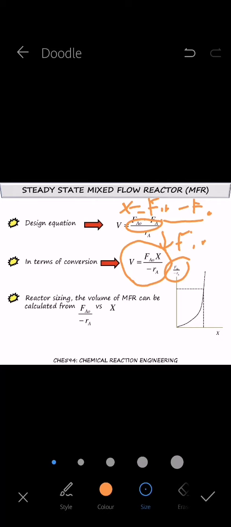So volume of CSTR kita boleh kira this square. Okay. So itu untuk CSTR. Okay.